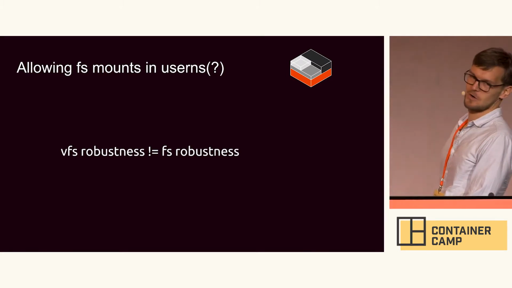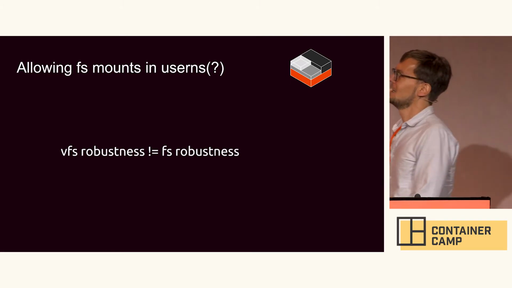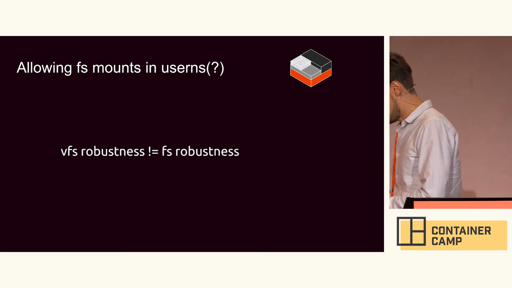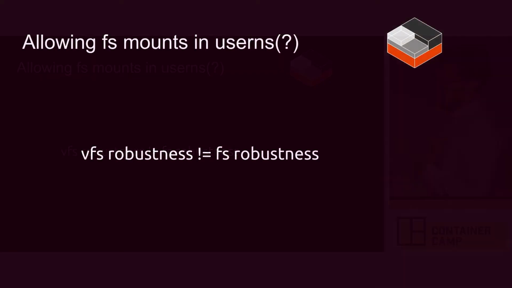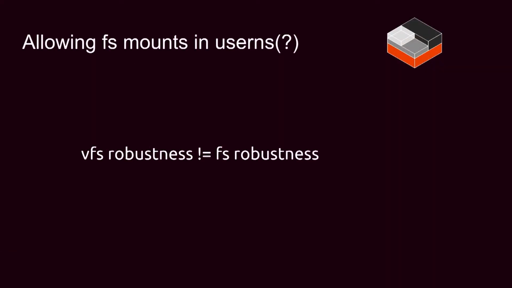Well, that's not the end of the story, unfortunately. The VFS, as I said, is an abstraction for all file systems, and it handles a bunch of stuff, most core permission checks. It checks if you are able to set file system capabilities, if you're able to mount stuff, and so on. That's all fine. But this is different from actual file system robustness.